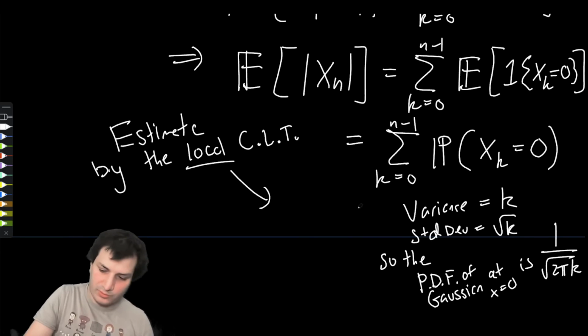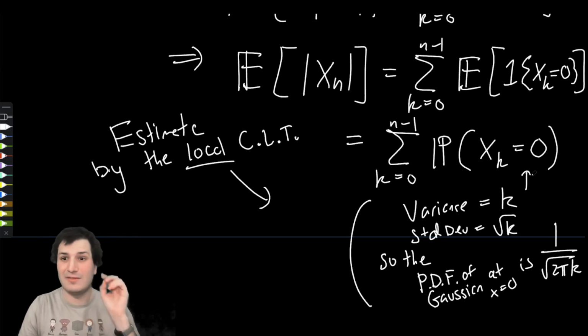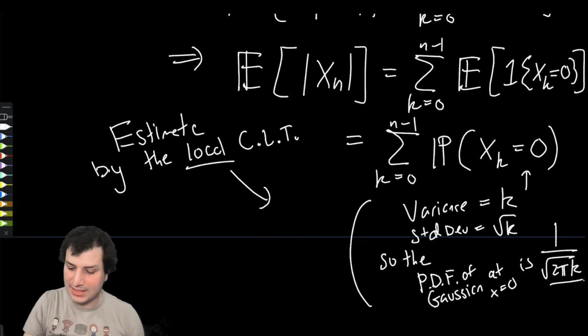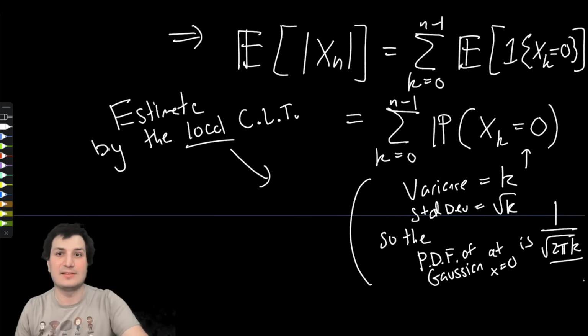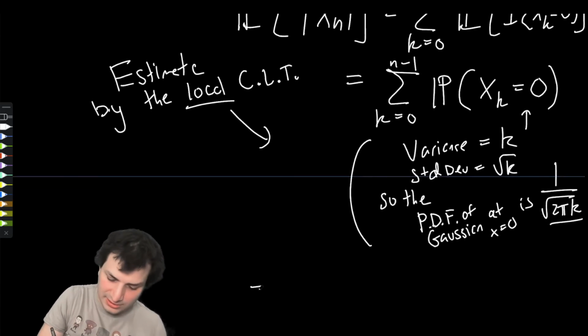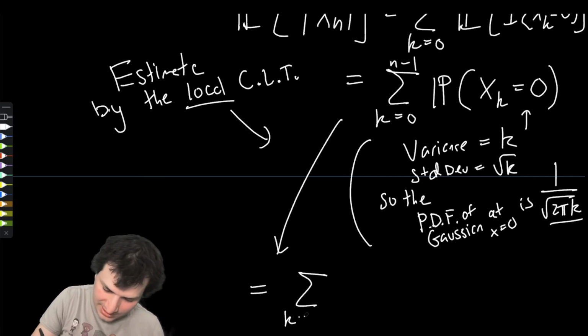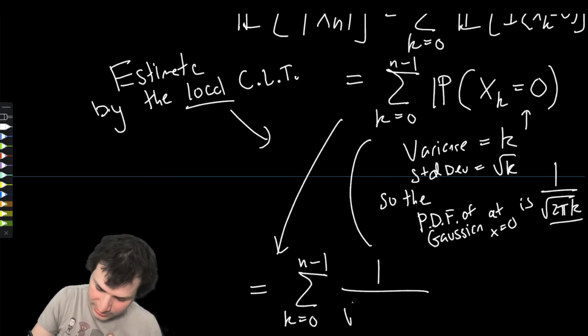So we're going to approximate this probability by the probability density of a Gaussian to be near 0. And that probability density will have a 1 over square root of k in it because of the standard deviation of k. It's the sum of k things. Okay, so this is great. This sum becomes the sum from k equals 0 to n minus 1 of 1 over square root of 2 pi k.